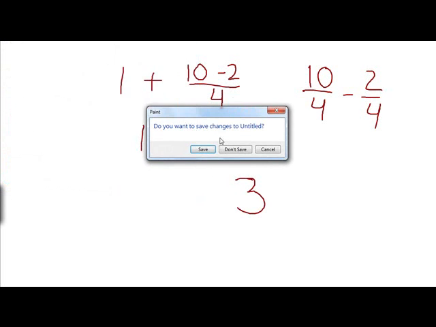Let's do one more. Let's see. Oh, it's pretty good. 10 divided by 9 minus 2 times 2. Yeah, that's the problem. So how will we solve this?